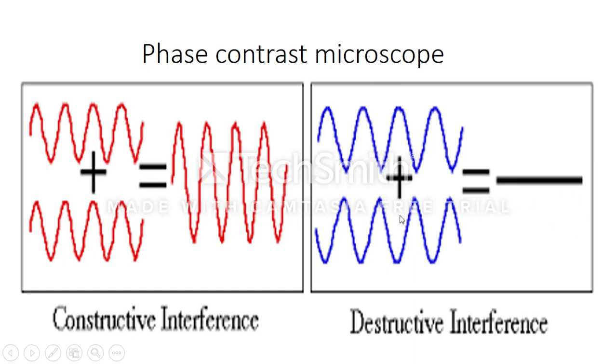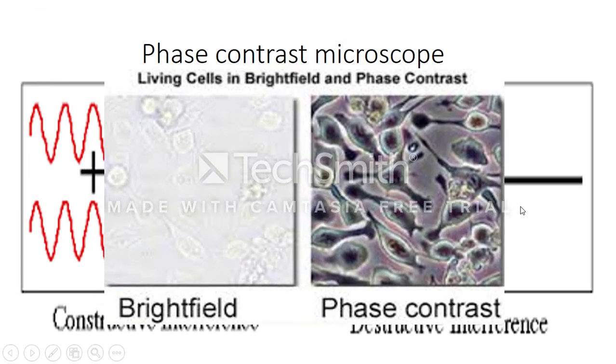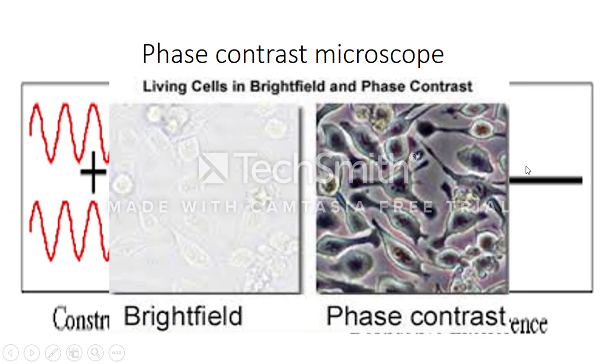As I said before, if these are perfectly destructive, in this case, there would be no light. Now, what can occur is if we use destructive interference, we can end up seeing images like this. So as you can see, it's darker, and this is because we have messed with the wavelengths in a destructive manner and have been able to get a darker image here.